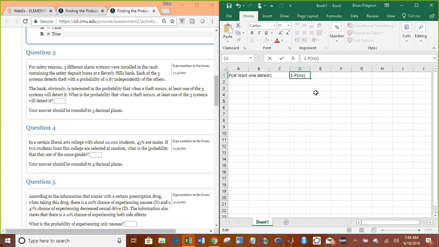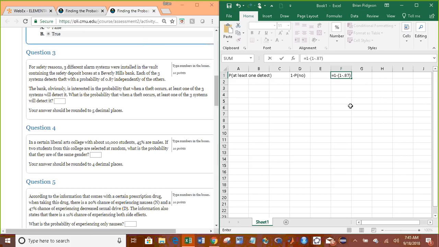So we just have to look at what we're given. Each of the systems detects theft with a probability of 0.87 independently of the others. That's important. So if there's a 0.87 probability that one of the systems will detect something, that means there's a 0.13 probability that it will not detect. So the probability that one system does not detect is 1 minus 0.87.